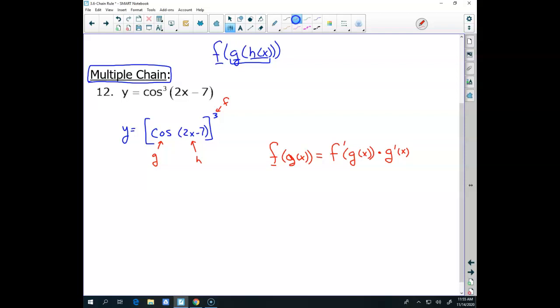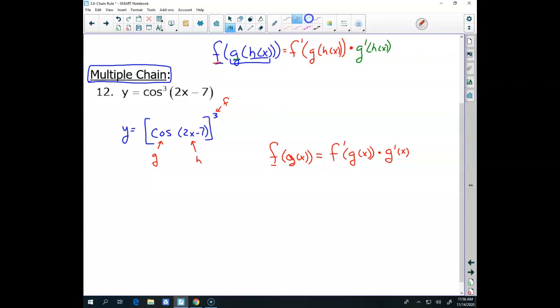So symbolically, I'm going to take the derivative of the outside function, f prime, and I'm going to leave g of h of x inside it untouched. Then I'm going to move to the next function inside. I'm going to take the derivative of g, so I'm going to have g prime, and I'm going to leave h inside of it.